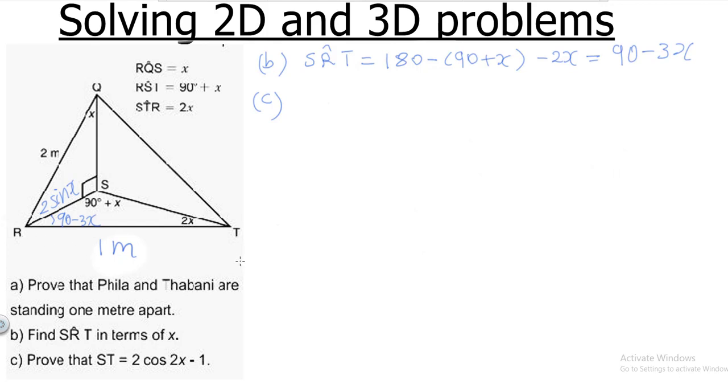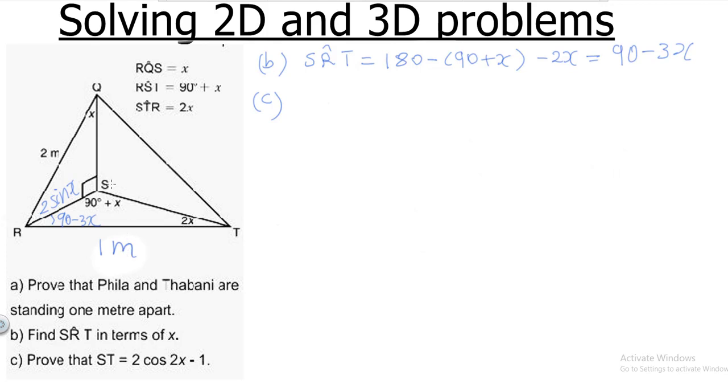So we have to think which rule we can use here. We can also use what we call the cosine rule, but I will prefer to use the sine rule. Now let's use the sine rule.